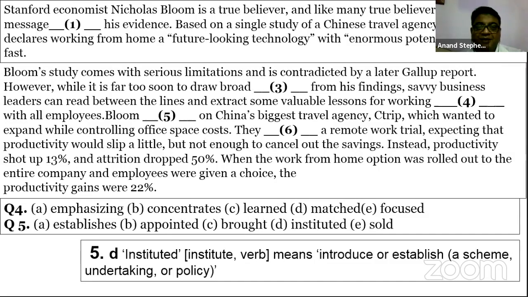My God, the answer is visible to you. Okay, no problem. So, in question number 4, E would be the right answer.